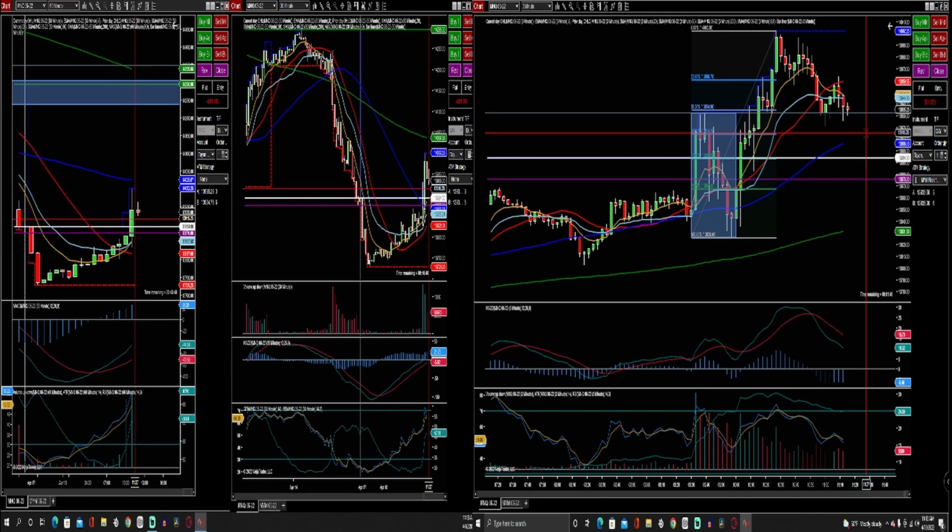So I just want to see it break through that line right here that I marked. It might do that. Probably wants to get in. I'll do it.